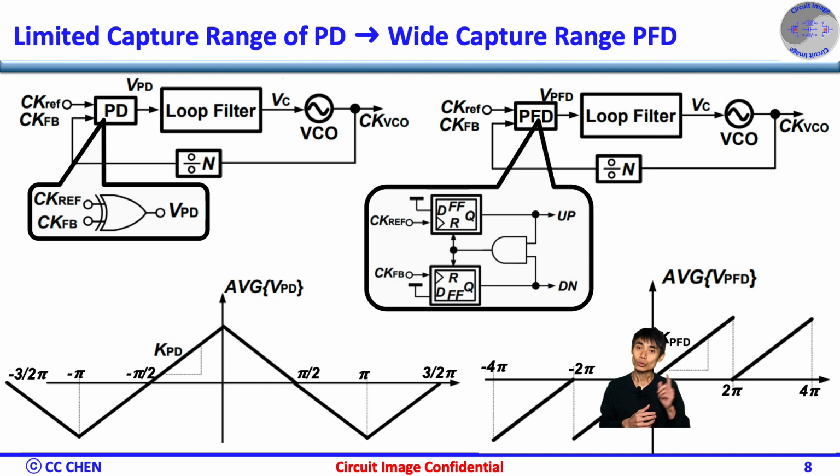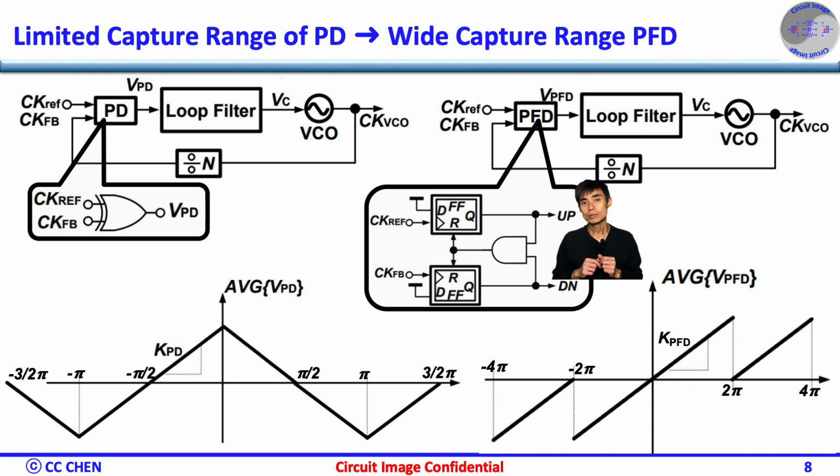Correct. We want to extend the range with a constant slope and polarity asymmetric about 0 phase to achieve the wide frequency range operation as shown here, with a simple phase frequency detector, PFD, through 2 reset flip-flops and 1 AND gate here. Okay, we improve the capture range.